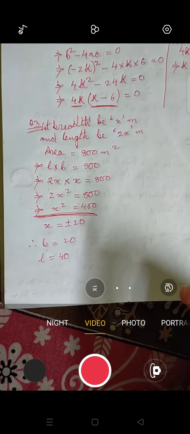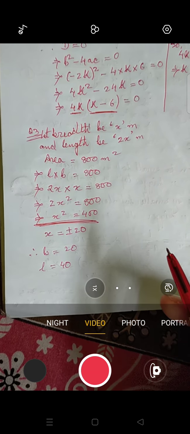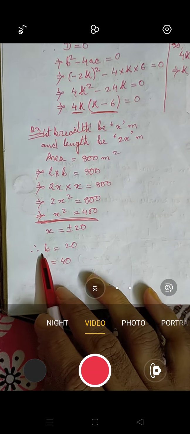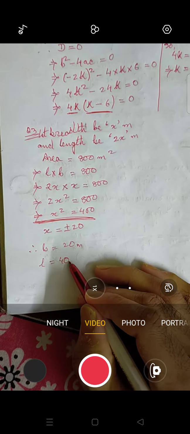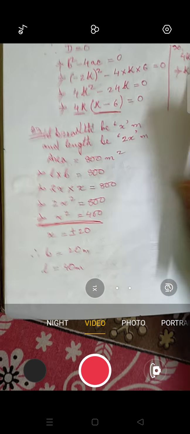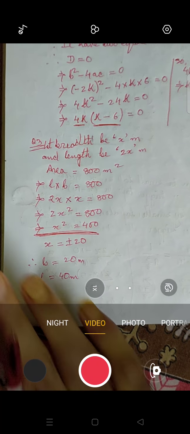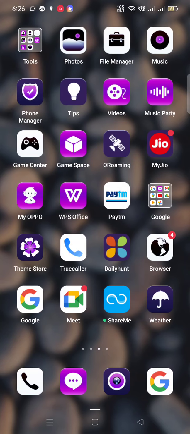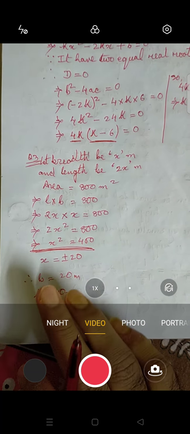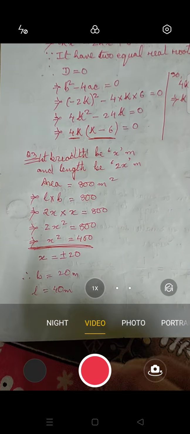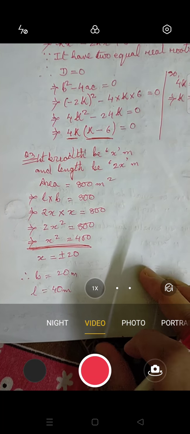We need to find the length and breadth, right? In the question they say find its length and breadth. So this is the breadth 20 meter and length is 40 meter. Sometimes students write this way, but remember that this is correct, but if the question carries 4 marks, you will get only 3 marks.